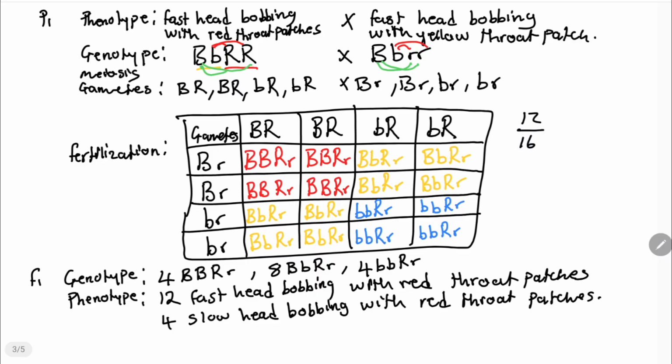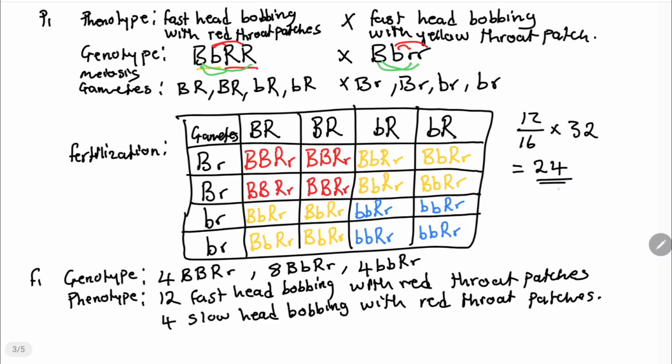If 32 were produced, we simply multiply the whole thing by 32. So 12 divided by 16 gives us 3 over 4, and we multiply that by 32. That means the ones that will have fast head bobbing with red throat patches will be 24.